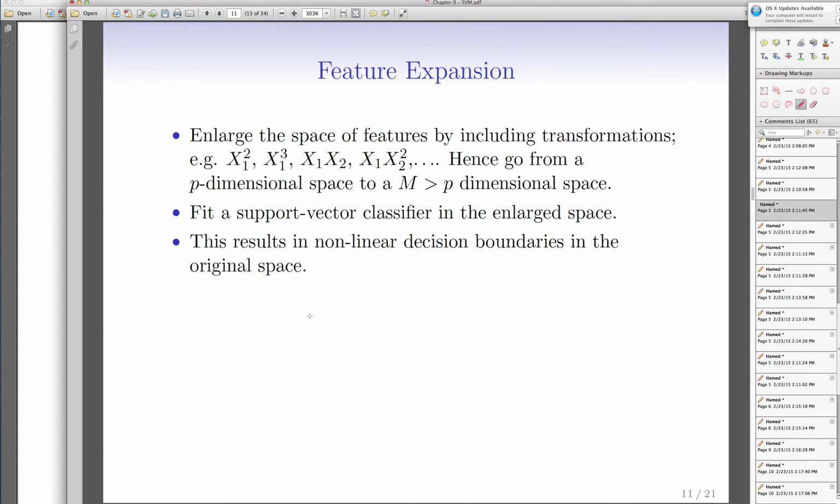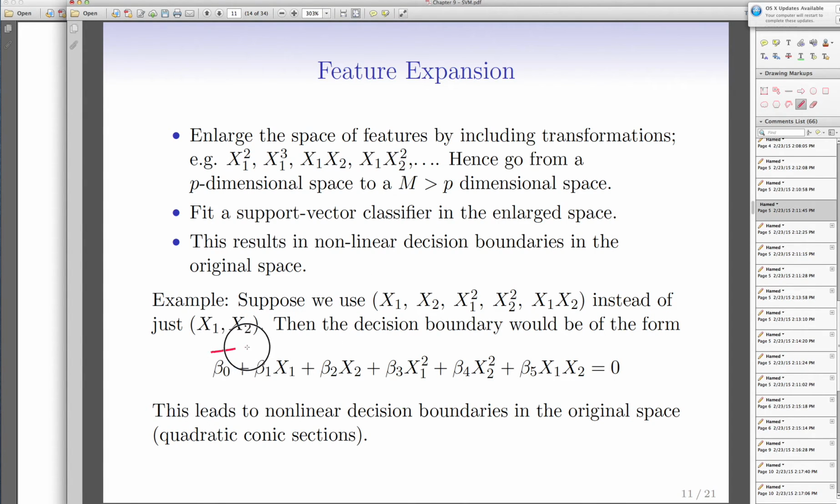One of the tricks that you can make is to add nonlinear terms to your classifications. For example, you can consider any value of coefficients here, for example quadratic, cubic, or interaction, and so on and so forth. And you make that linear.